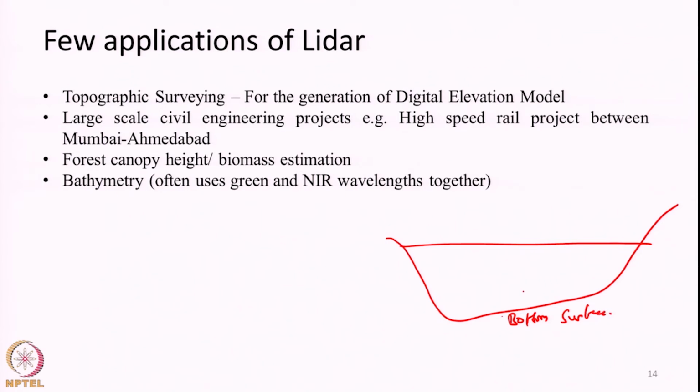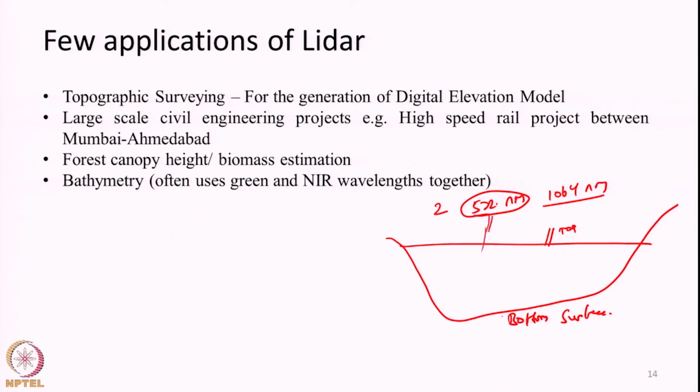Most bathymetric LIDAR systems use both the wavelengths, 532 nanometers and 1064 nanometers. We all know that NIR wavelength has extremely low penetration in water bodies. So, whatever returns we get in the NIR wavelength most likely came from the top of the water surface, and the green wavelength has certain penetration capacity into the water bodies.